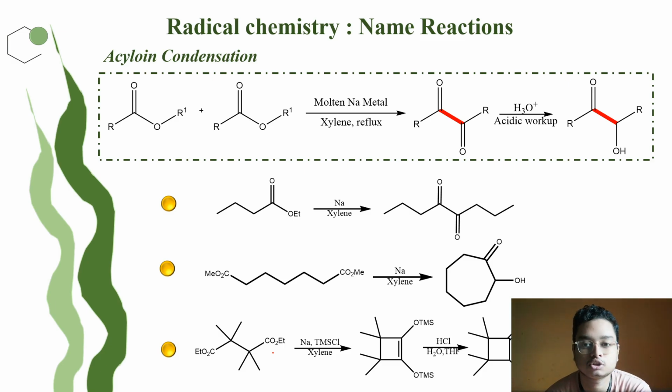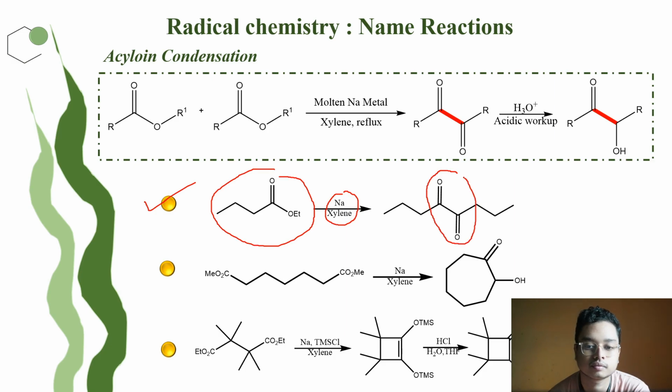So first let us look at some examples, and then we will talk about the mechanistic pathway of this Acyloin condensation. In this example you can see one of the esters reacting with sodium and xylene, and then this type of diketo compound is generated.